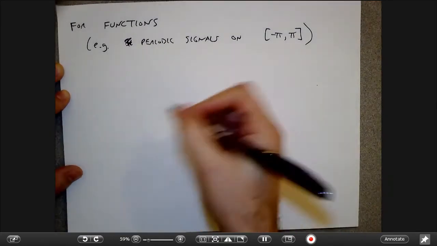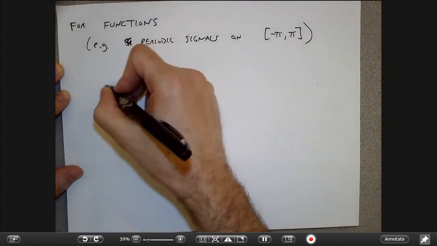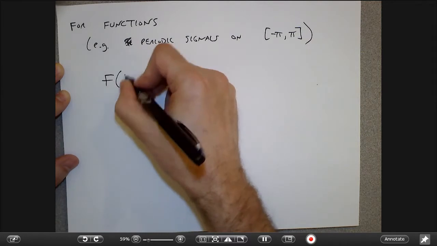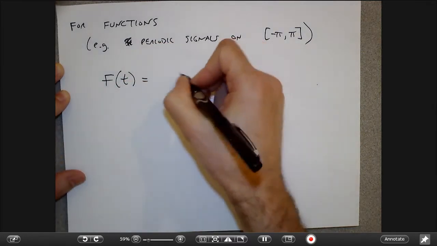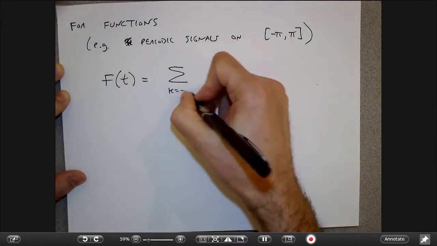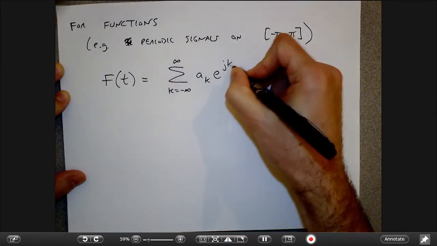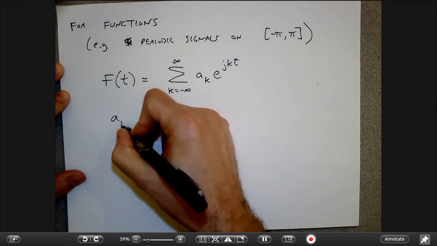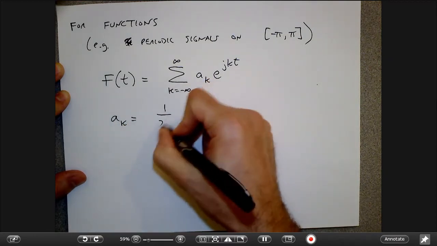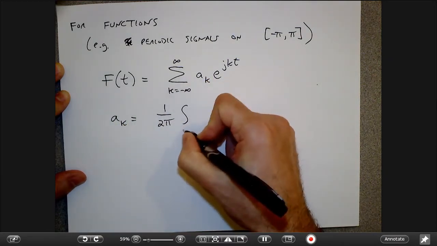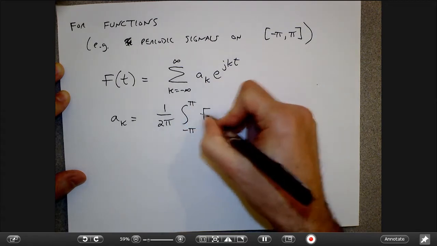What we found out from almost the very first lecture was that I could write that function like a Fourier series. And these Fourier series coefficients were gotten by the inverse formula.